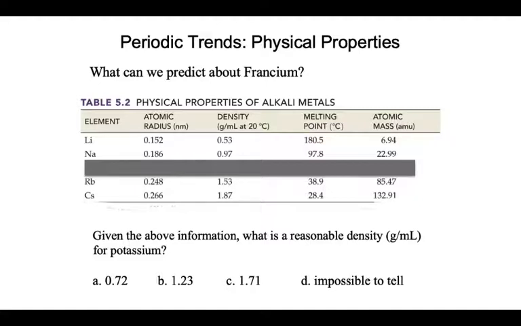Given the above information, what was a reasonable density for potassium? B. Okay. For those of you that kind of laughed, it looks like maybe you saw what was going on there. We could say B was our reasonable density information. That's the stuff that we have at hand. Okay? If we remove that gray bar, what do we get?